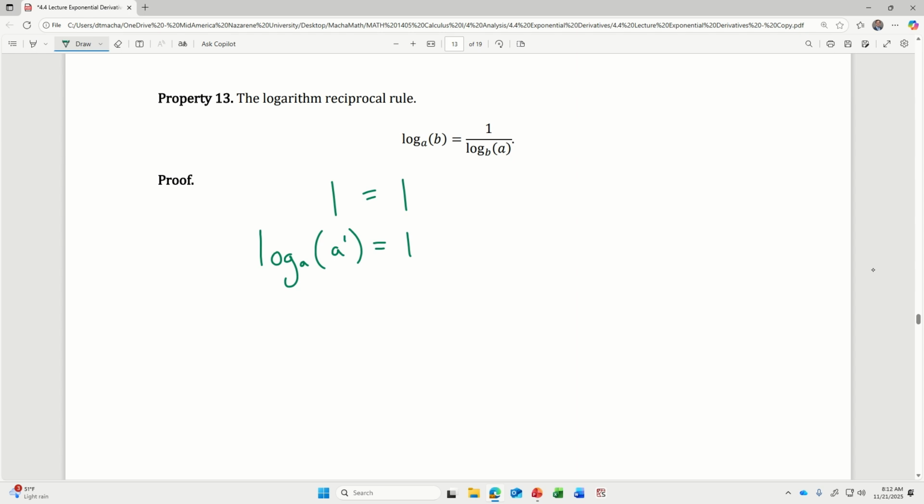And then, if the logarithm base a of a is equal to 1, and I guess we've already proved that before, so we could have just started from this line. This was one of our earlier properties of exponents that we've already proved. So then we say, it must be true that the logarithm base a of b raised to the power logarithm base b of a is equal to 1.